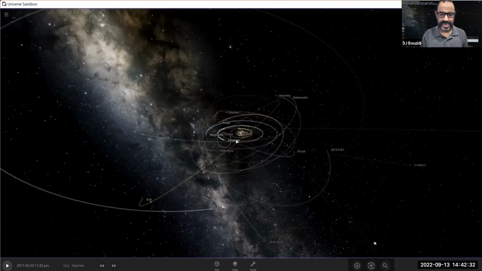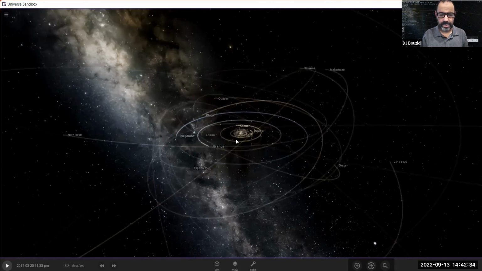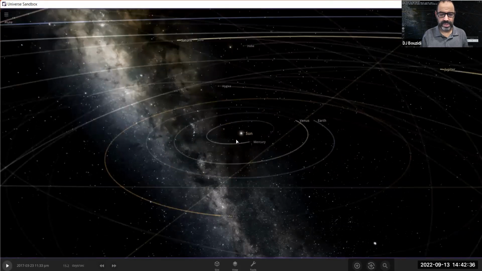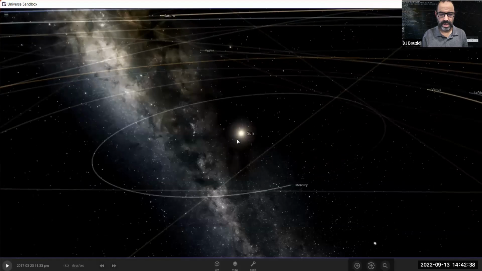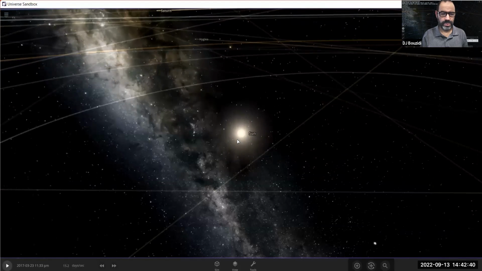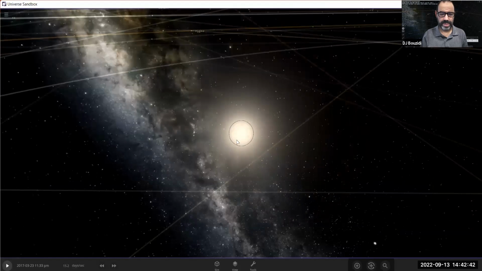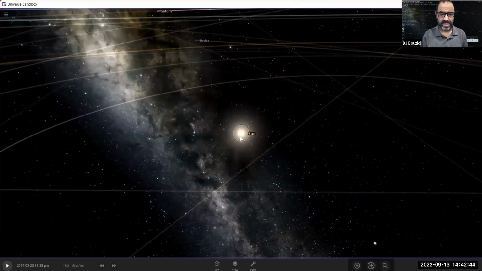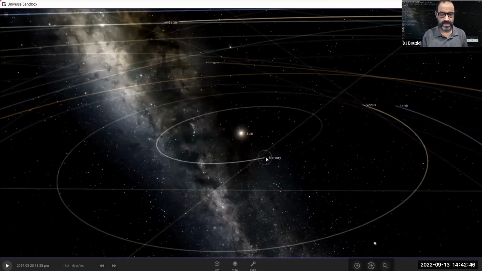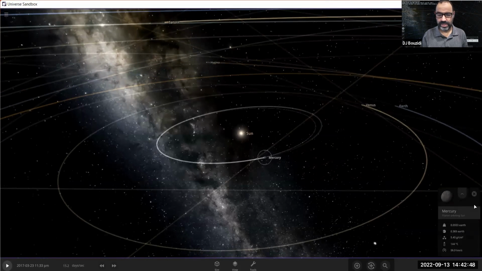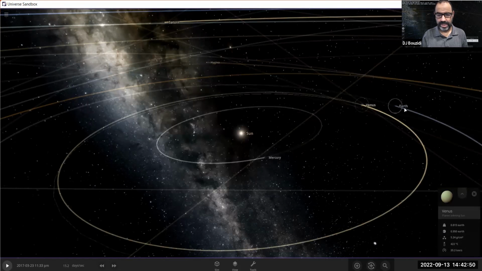So if I come closer again, the main object of the solar system by far, of course, is the sun. And I don't want to get too close, otherwise the screen becomes too bright. So this is the sun. By far, it's the main thing in here of the solar system. Then you have, of course, Mercury, which is the closest object to the sun. Then you have Venus, which is the second object close to the sun in terms of big, massive objects.